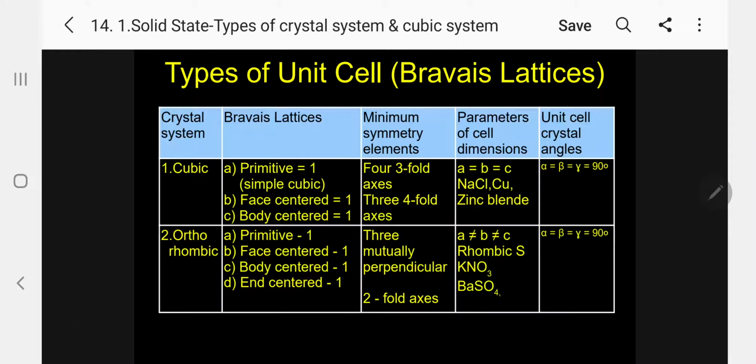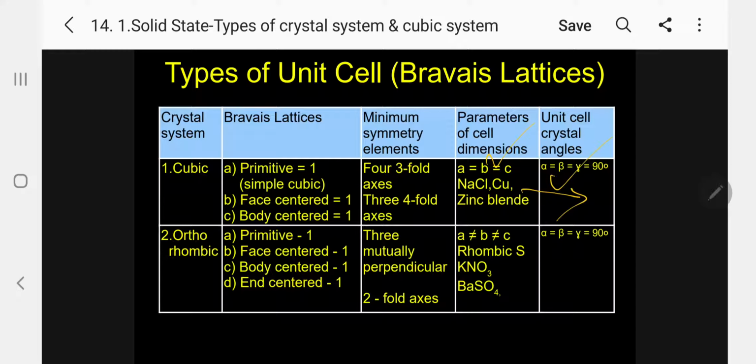I will go to the next one. The next parameter: intercepts a equal to b equal to c. We have already seen what a, b and c are. Then interfacial angles alpha equal to beta equal to gamma equal to 90. Specific examples for simple cubic are sodium chloride, copper, zinc blende.